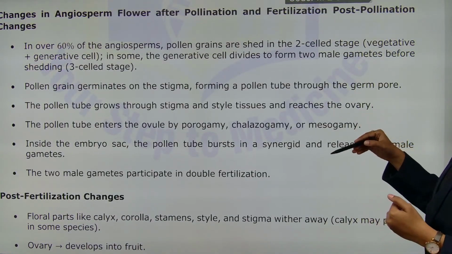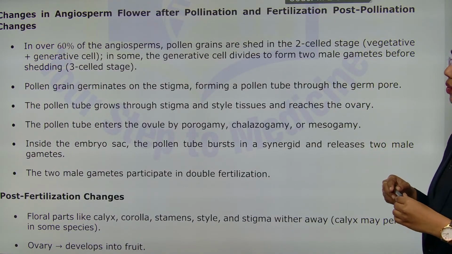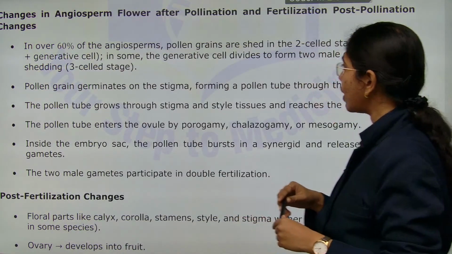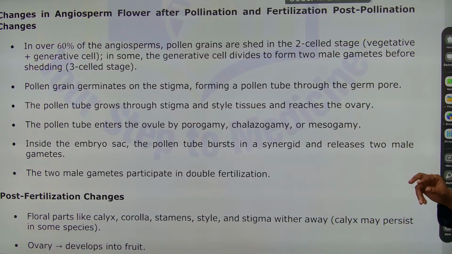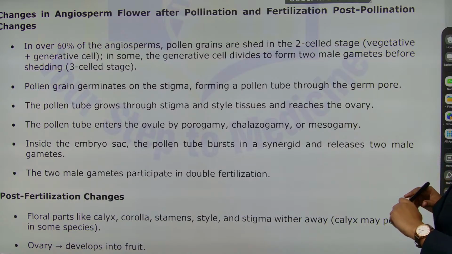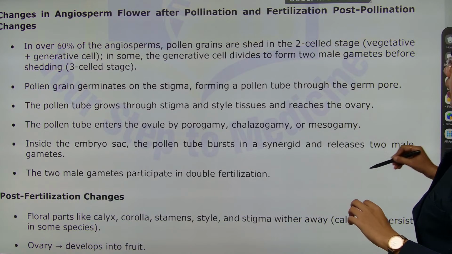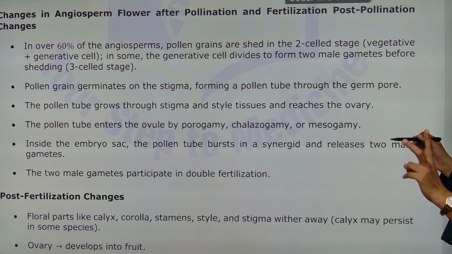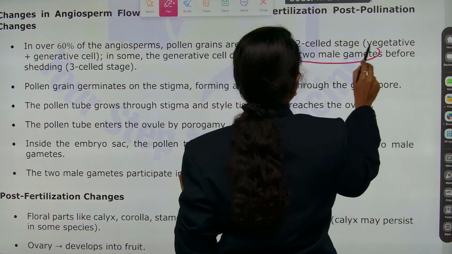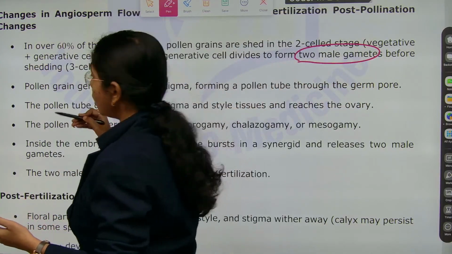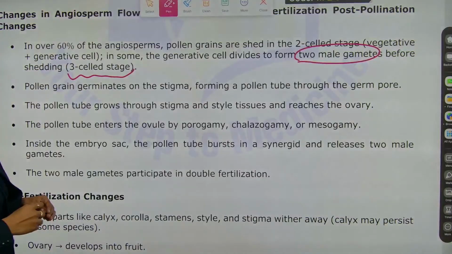First, after pollination, what changes can you observe? In over 60% of angiosperms, pollen grains are shed at the two-celled stage only. One is the vegetative cell and the other is the generative cell. In some, the generative cell will further divide to form what? Two male gametes. The generative cell divides to form two male gametes before shedding, so they are released at the three-celled stage.